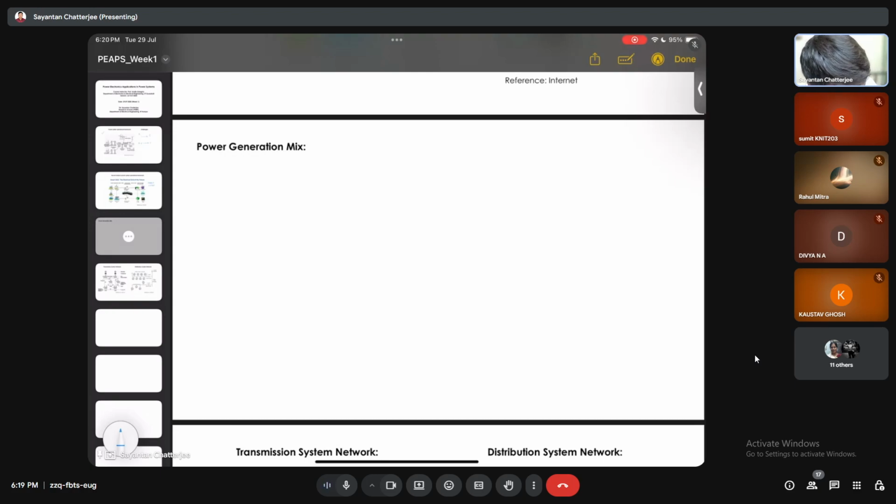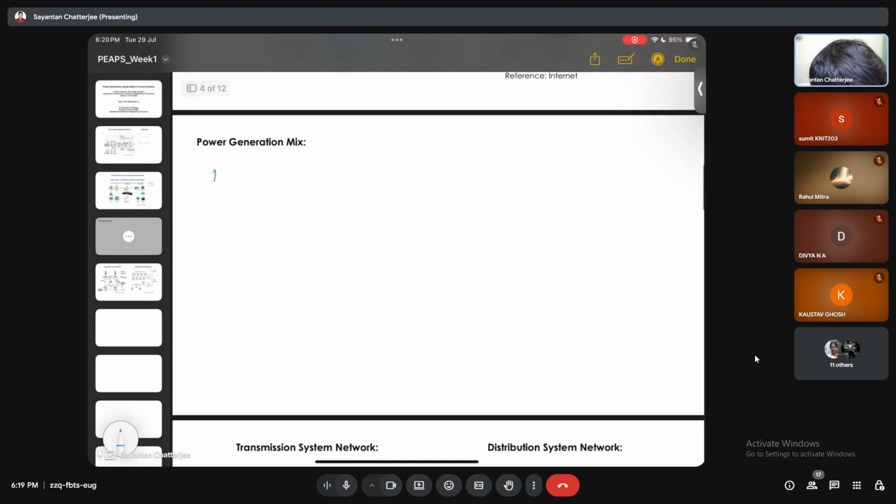Here, if we say the total power generation mix, there are two categories. One is the installed capacity and another one is the participating capacity.